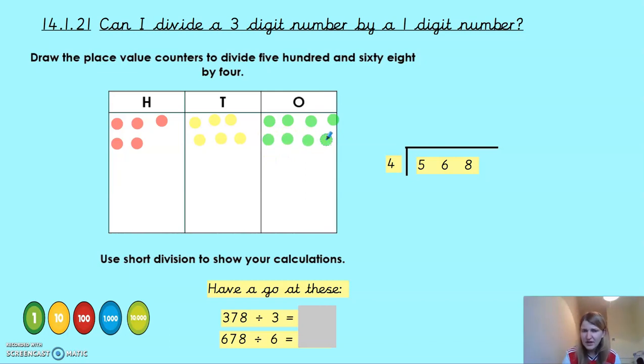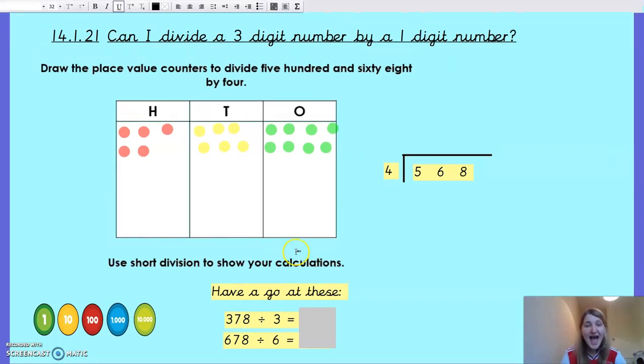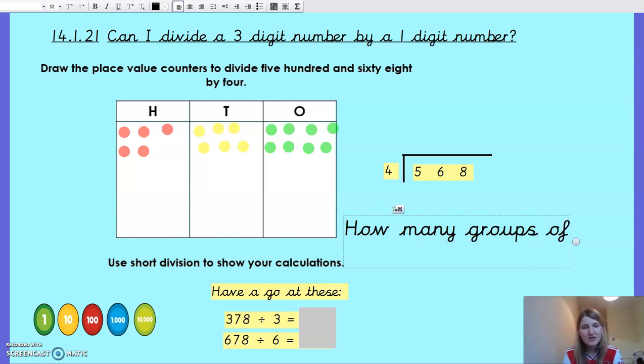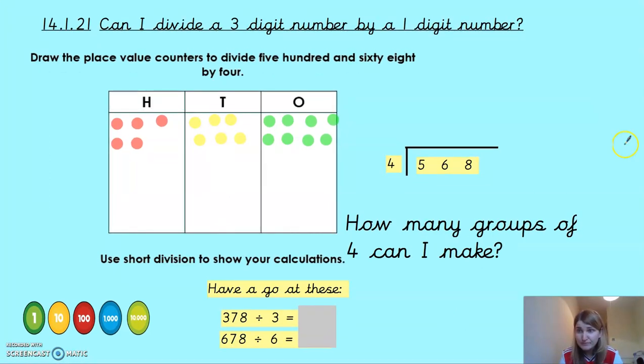Okay, so can you guys remember the sentence I said was going to help us here? How many groups of can I make? What am I actually dividing by here? 4. So how many groups of 4 can I make? So this first one, let's get back to my pen.